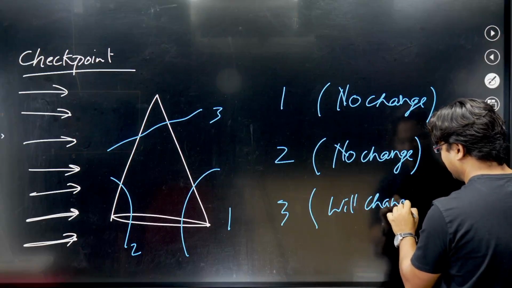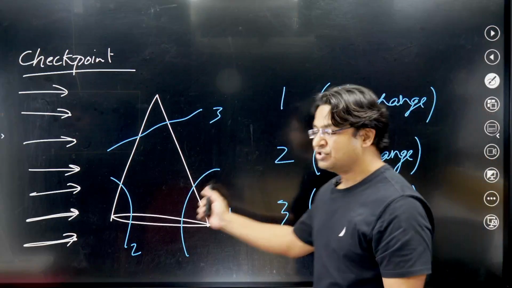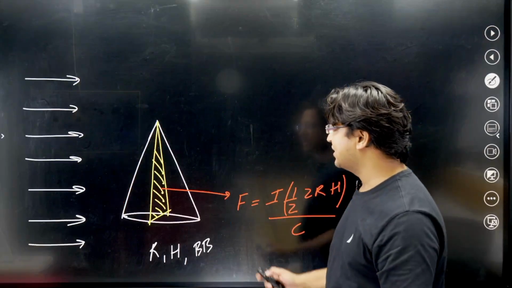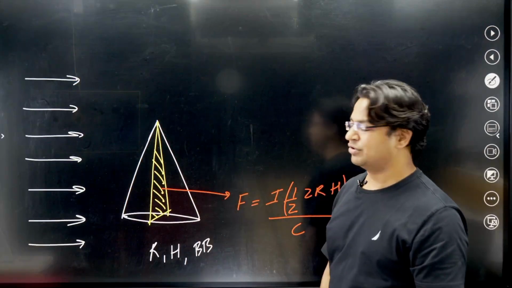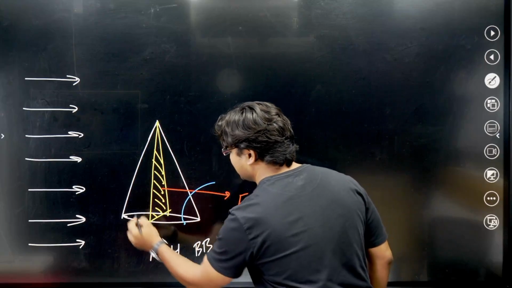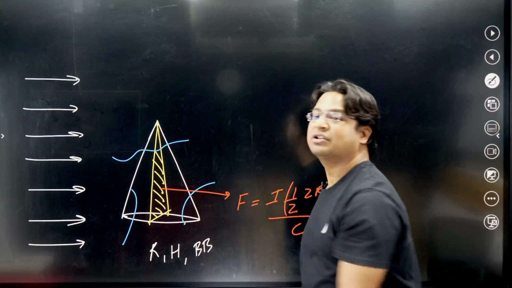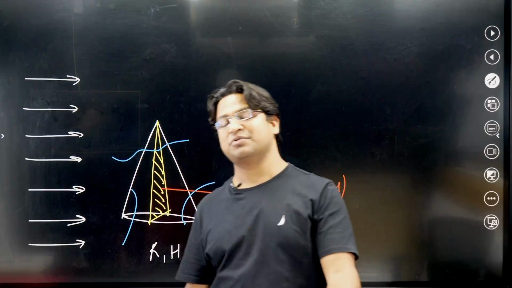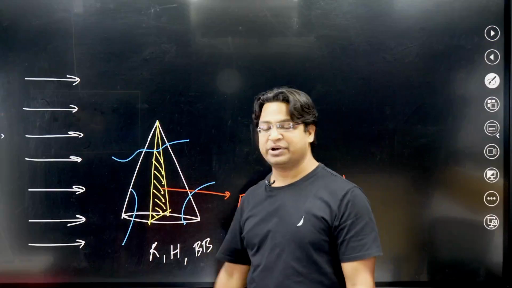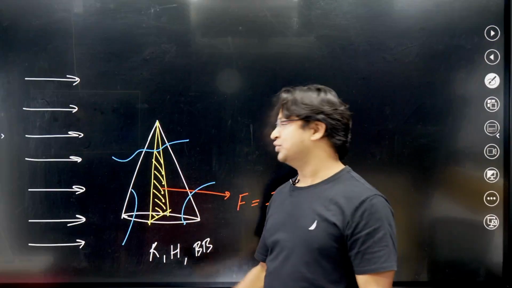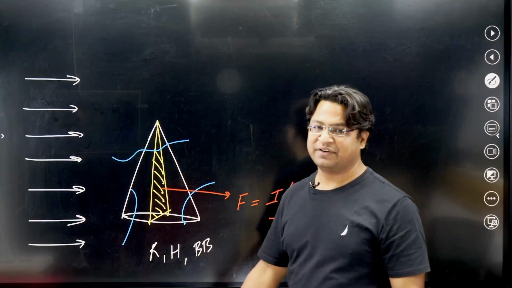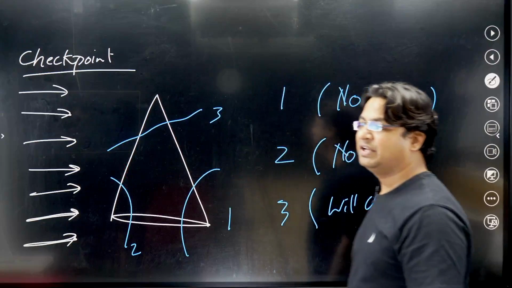What you need to pay attention to is whether these cuts are intersecting with this triangle or not. If you make any cut such that this triangle remains unaffected, it will still block the same amount of light as it was blocking earlier. So 1 and 2 will not affect the value of force, but 3 will definitely affect the value of force. I hope we are very clear with this.